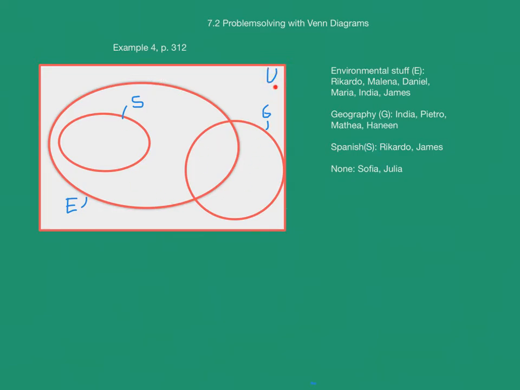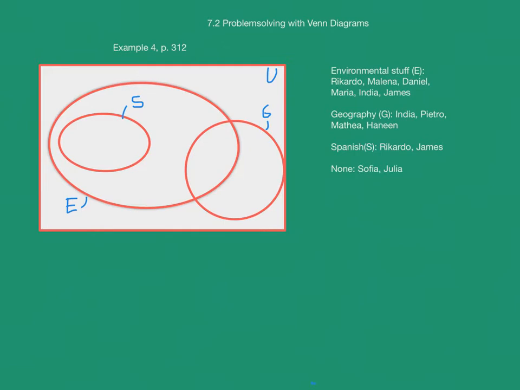And the U here stands for the universal set. So every student in this example would have to be contained within this rectangle. And I'm not going to write the names of everyone in this diagram now, but we'll just settle for the numbers.